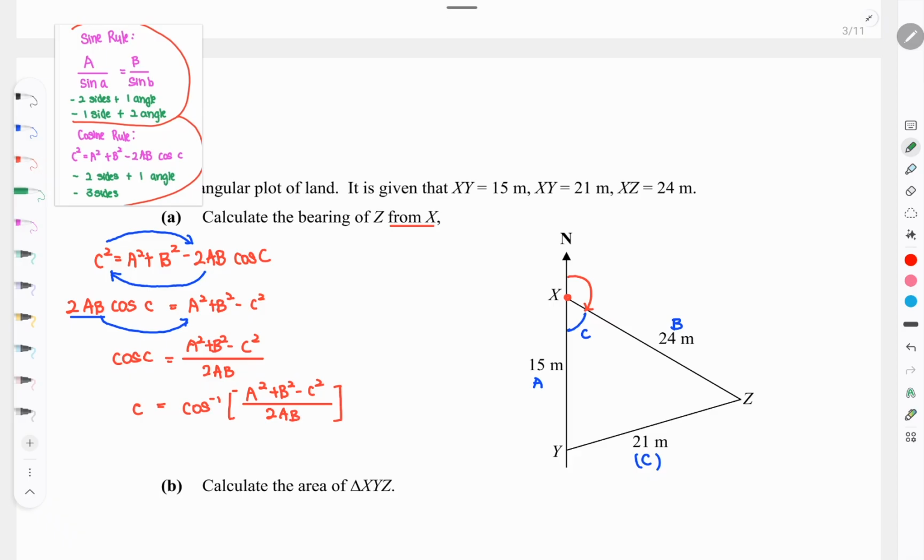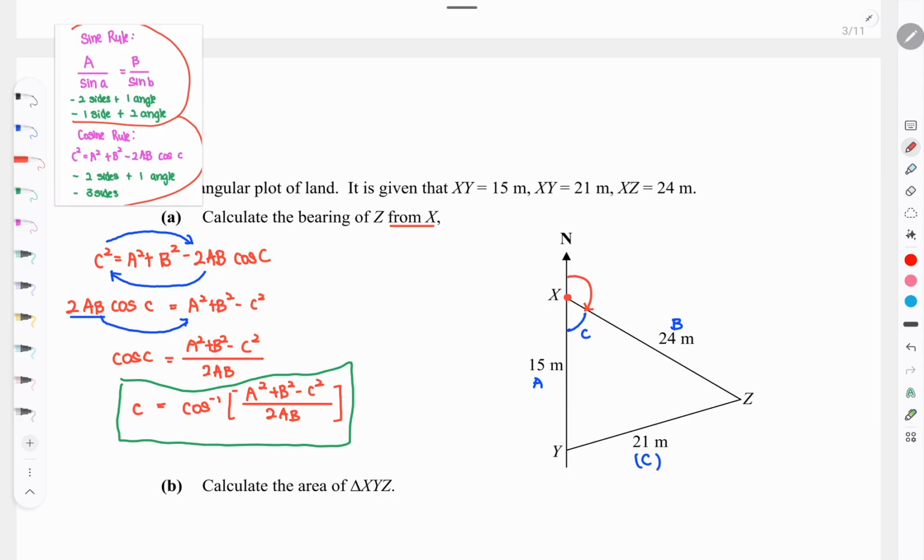Either you remember the formula below to find the angle, or you can just change it. Once you remember a little bit, you can jump from the first step straight to the second last step, and then from here to your final step. But for now I just show every step so that it's easier for you to follow.